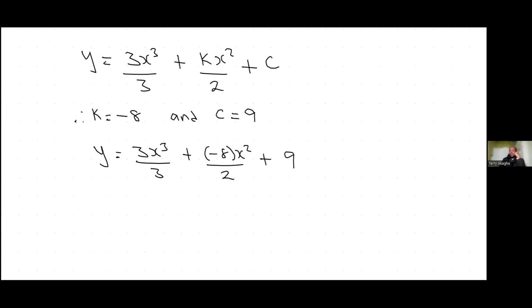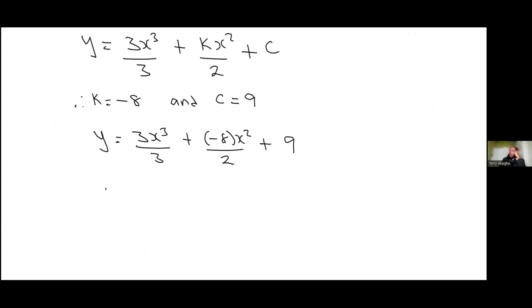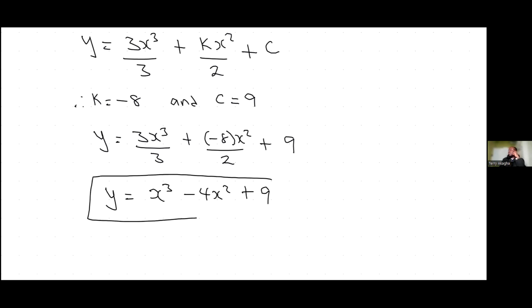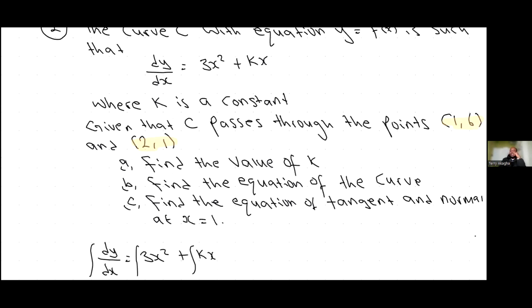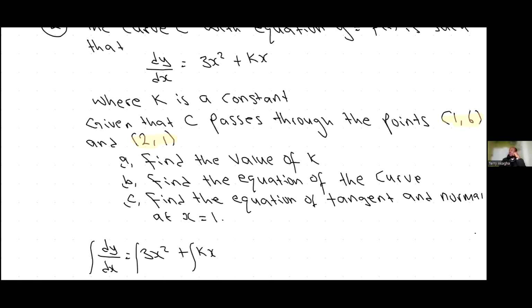Then y will be equal to x cubed, then 2 divided by that will give you -4x squared plus 9. And this is the expression for y. That was the expression for y. So we found the value of k, found the equation of the curve, the b part, the expression for y.